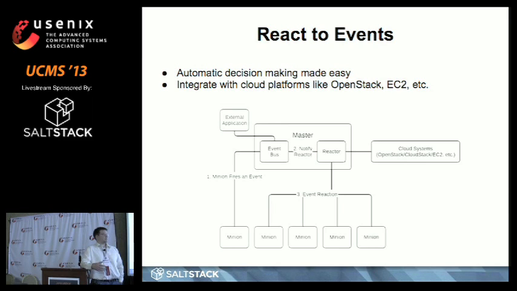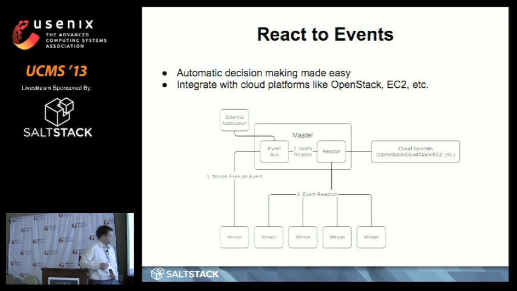We can automatically detect simple monitoring aspects of an infrastructure and then react to them. Whether that reaction is to go out and fix that component automatically or to alert somebody is completely open-ended. Or whether that reactor is going to communicate with cloud systems.